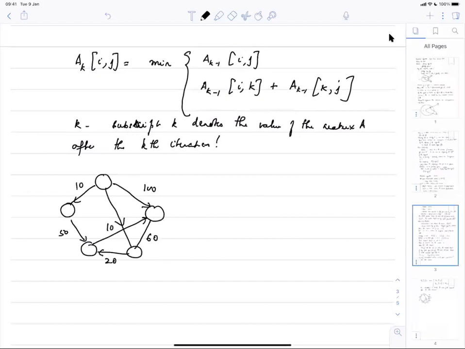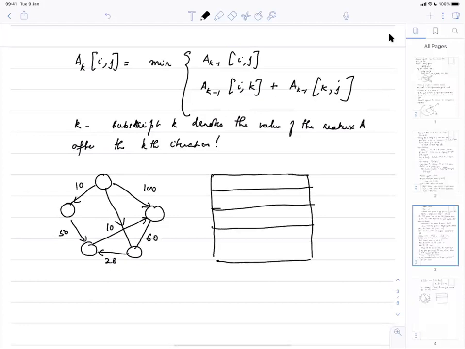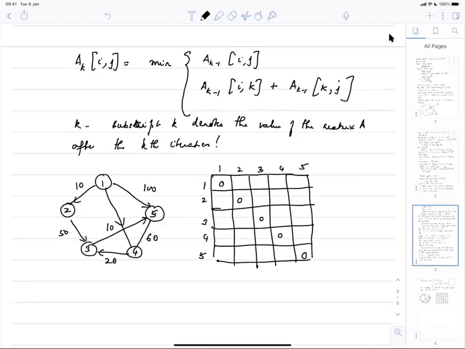Let's start with the matrix. So initially, we have something like this, with vertices 1, 2, 3, 4, and 5.